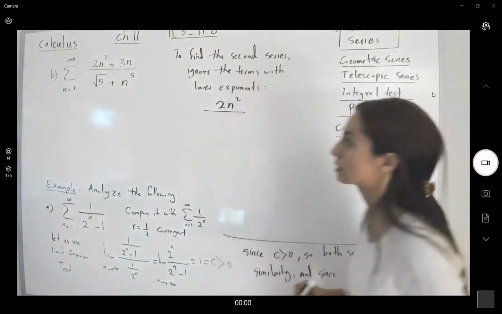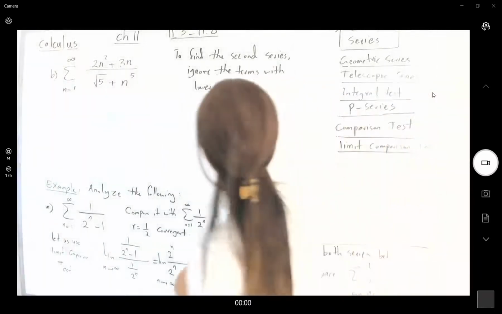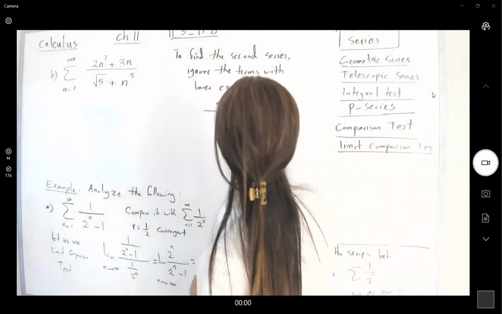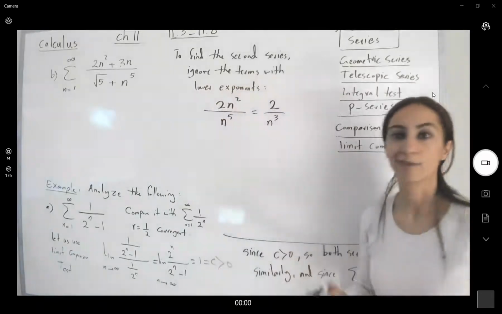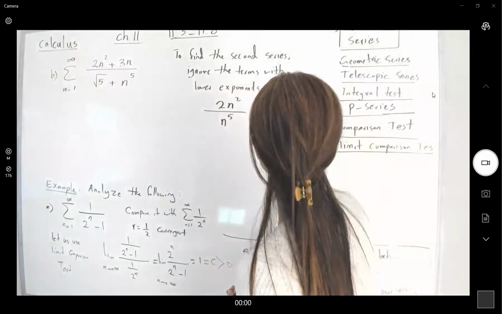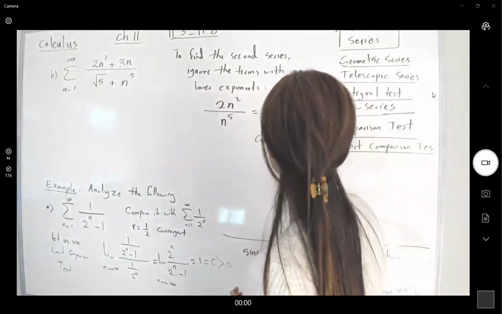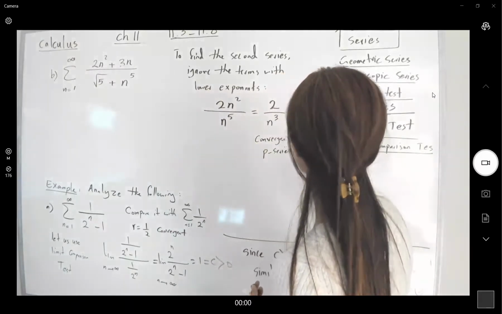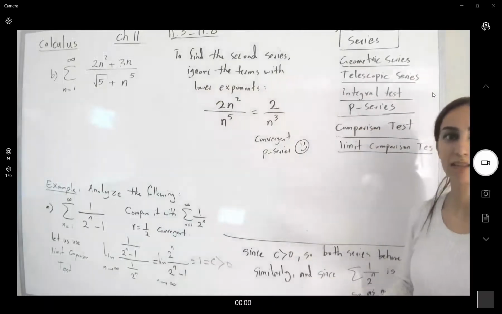On the denominator, I end up with n to the 5th, which is 2 divided by n to the 3rd, which is a P series, a convergent P series. Okay, I found the series that I'm looking for, and it is convergent.